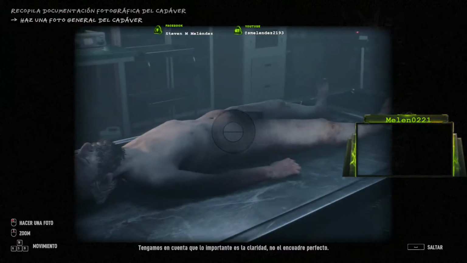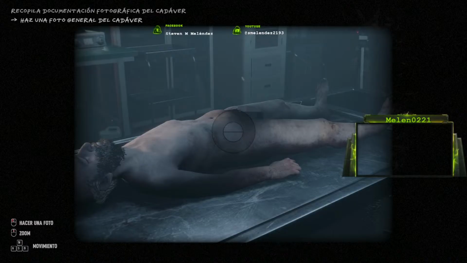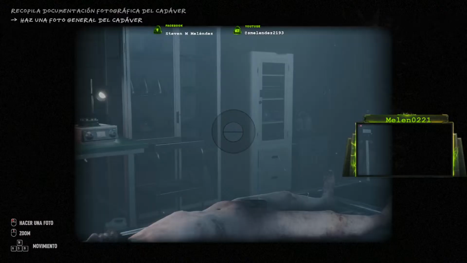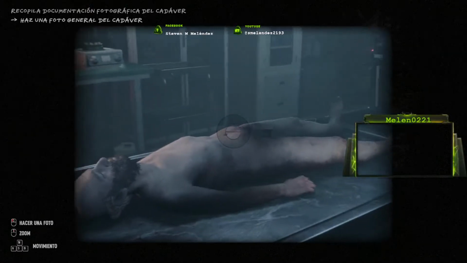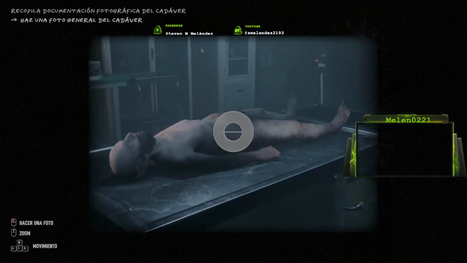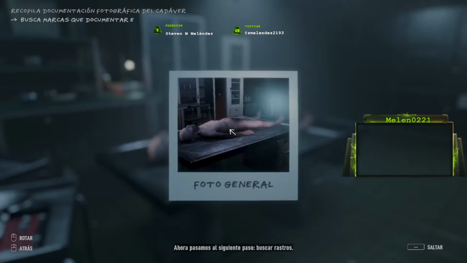Let's keep in mind it's all about the legibility, not the perfect frame. Voila!